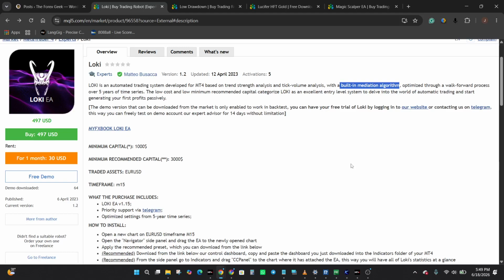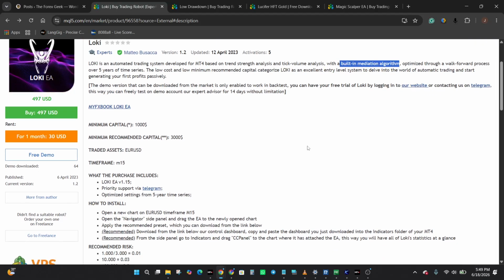According to the description, the goal is to provide a relatively accessible entry-level automated trading system with a lower capital requirement compared to larger portfolio-based systems.